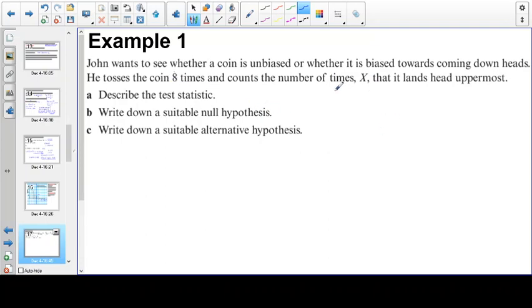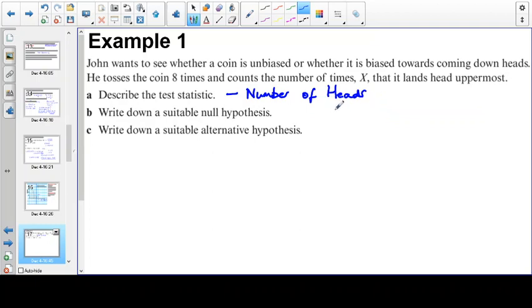So that is going to be our test statistic. The test statistic will be the number of heads. So he might toss the coin and get 3 heads, or he might get 6. However many heads he gets, that will be the test statistic.